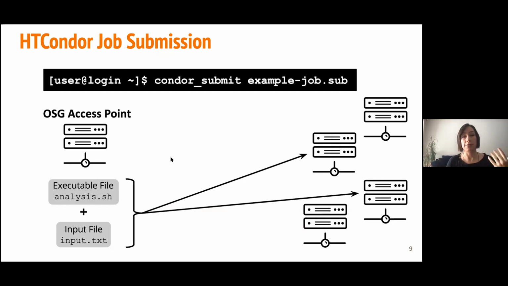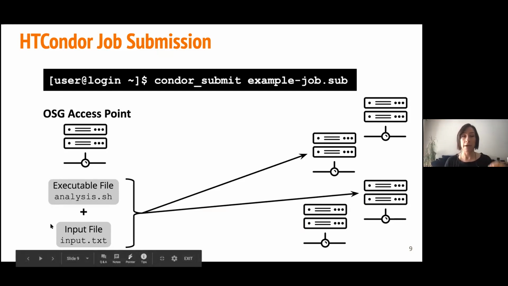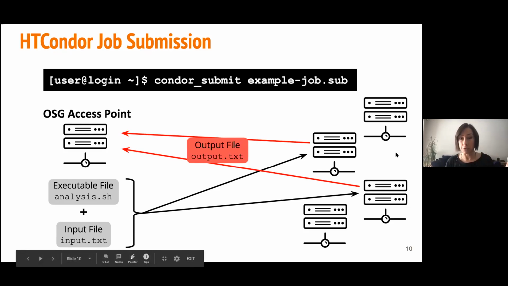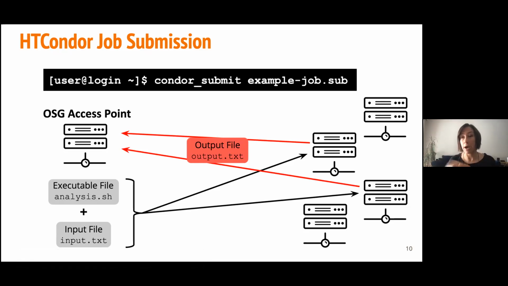What happens is, this process would occur on your local access point, and then the executable file and any additional files specified with input files will get copied out to one of the execute servers that is available to perform that work. And on that execute server is where the work will be performed. When the job is finished running, any output that gets generated along with the standard error and standard out will get copied back to your local access point, making those results accessible to you.